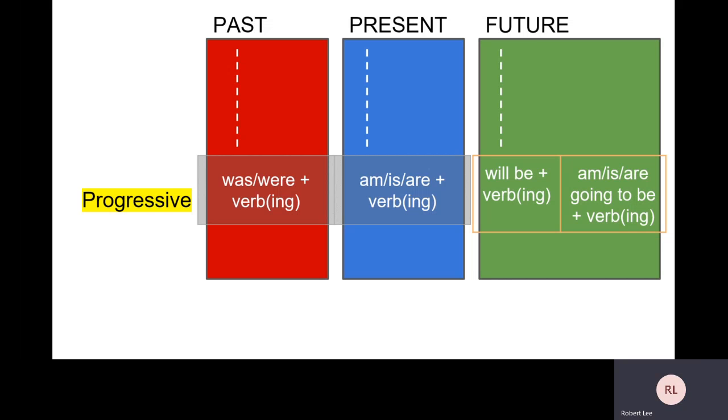In the future progressive tense, there are two ways to write it, as you can see on the screen. You can use will be and the verb in ing form, or be going to be and the verb in ing form.